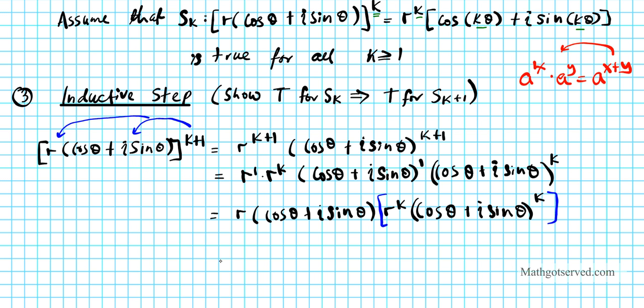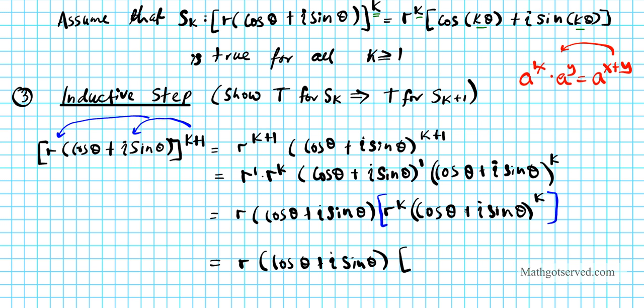So we'll bring down the left side. We're going to have r cosine theta plus i sine theta times r. Let me write this in a different color so that you can zoom in on a critical component that I'd like you to see. So I'm going to write this in green.